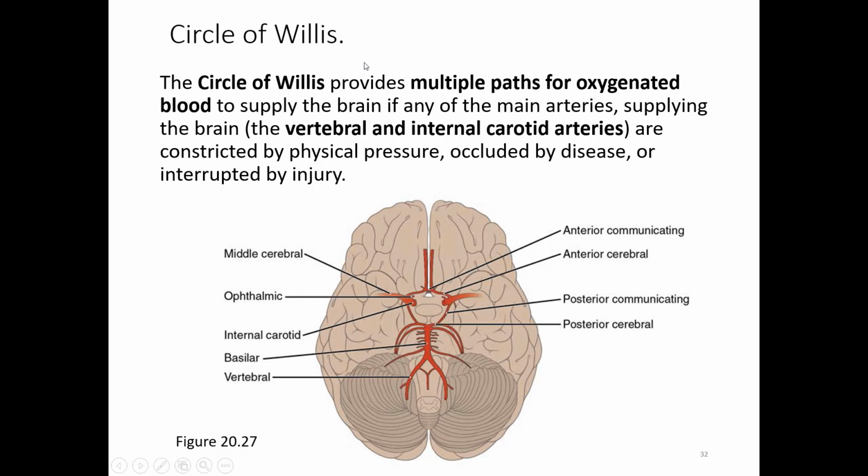Why? That circle of Willis, with all those interconnections, provides multiple paths for oxygenated blood to supply the brain if any of those main arteries supplying the brain, either vertebral or internal carotid, are constricted by physical pressure, occluded by disease, or interrupted by injury. The brain will still receive blood supply to all its areas.